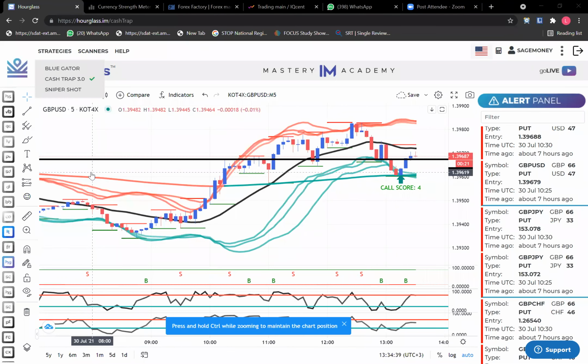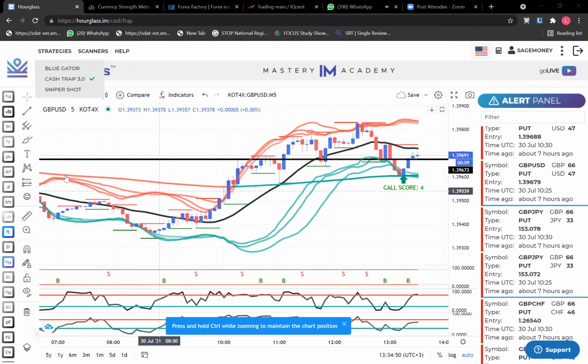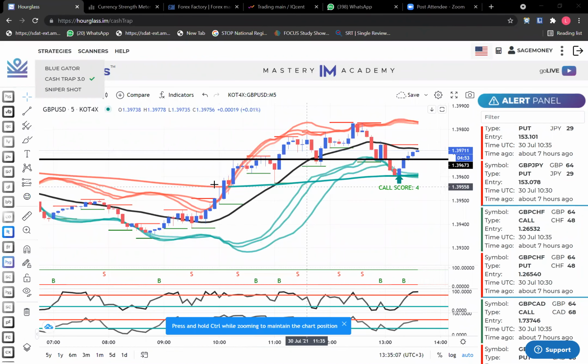So I told you, if the EMA was above the candles, you're looking for sells. If the EMA is below the candles, you're looking for buys. At the point where it was red, it was above the candles, which means it was in a selling trend at some point. Now, this turned into a buying trend at some point, leaving the EMA below the candles. So this line turned green because it was a buying trend. If it's a selling trend, you will see red. If it's a buying trend, you will see green.